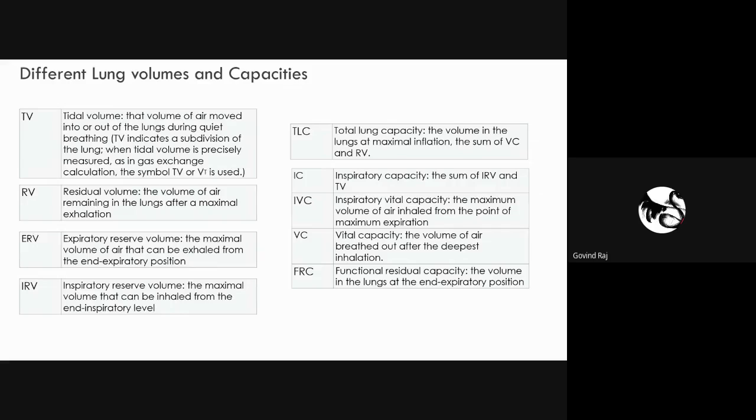Here also we are measuring how much air is left in the lungs, and in the case of residual volume we are measuring the same. So what is the difference between the residual volume and FRC, that is functional residual capacity?